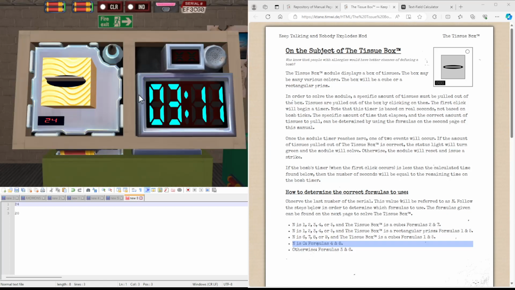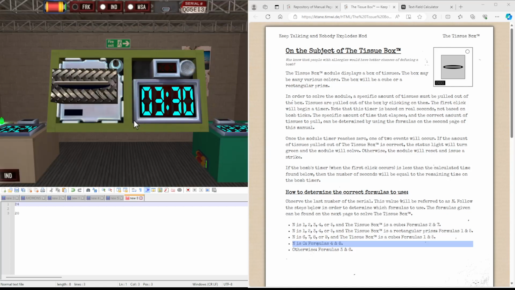Now hopefully, if we've got that right, we might be waiting a little bit to find out if we got that right. So we got it right.